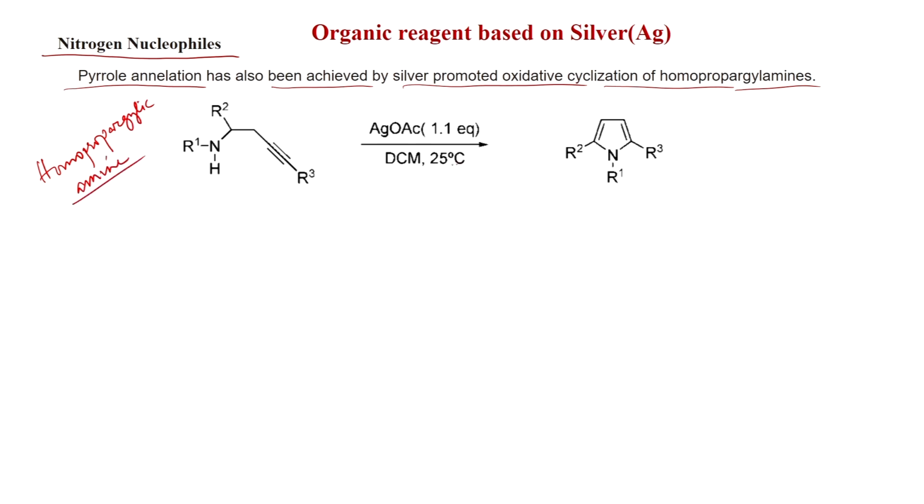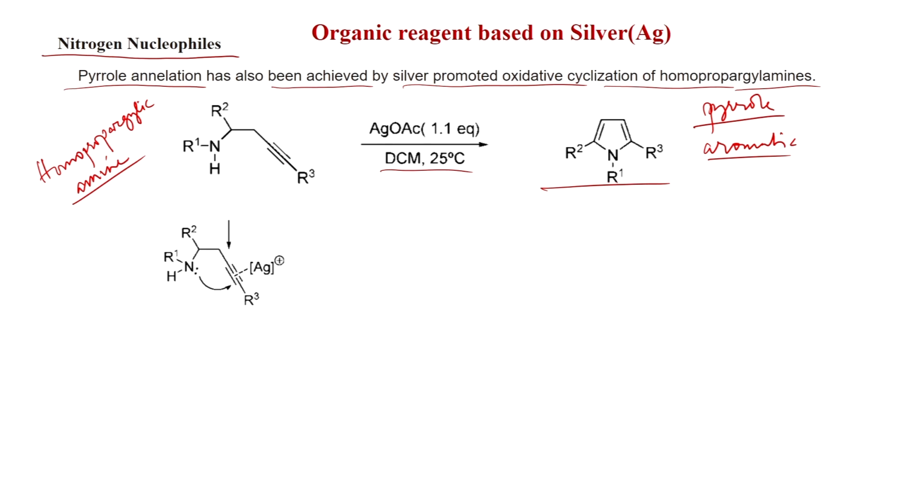Here with silver acetate 1.1 equivalent in DCM, you get this pyrrole. So, this is important, this is aromatic. So, not only the addition, there is also dehydrogenation happening, that we will see. So, this nitrogen is attacking, and then after aromatization you get this product pyrrole.